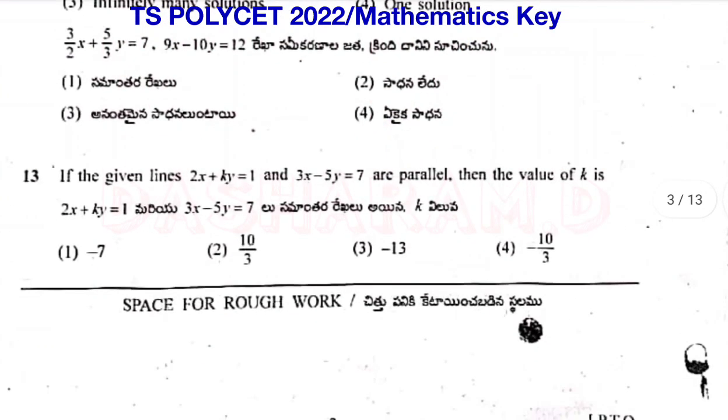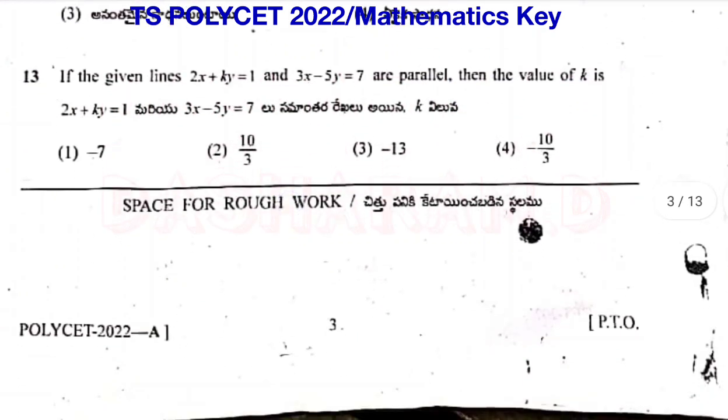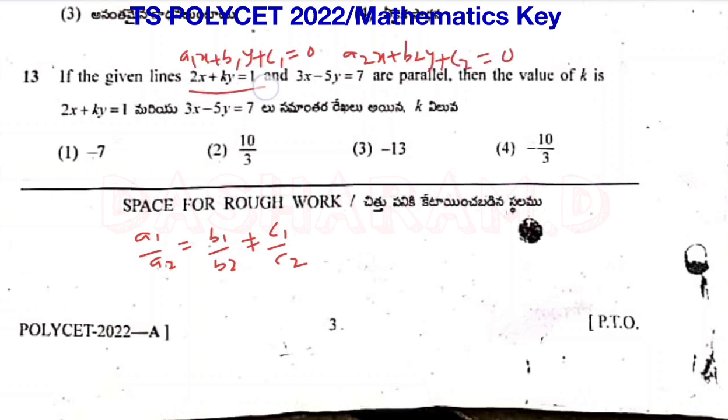Next, 13th question. If the given lines 2x plus ky equals 1 and 3x minus 5y equals 7 are parallel, then the value of k is. Generally, the condition for parallel lines is a1 by a2 equals b1 by b2 but not equal to c1 by c2. Compare the first equation with a1x plus b1y plus c1, and the second with a2x plus b2y plus c2.